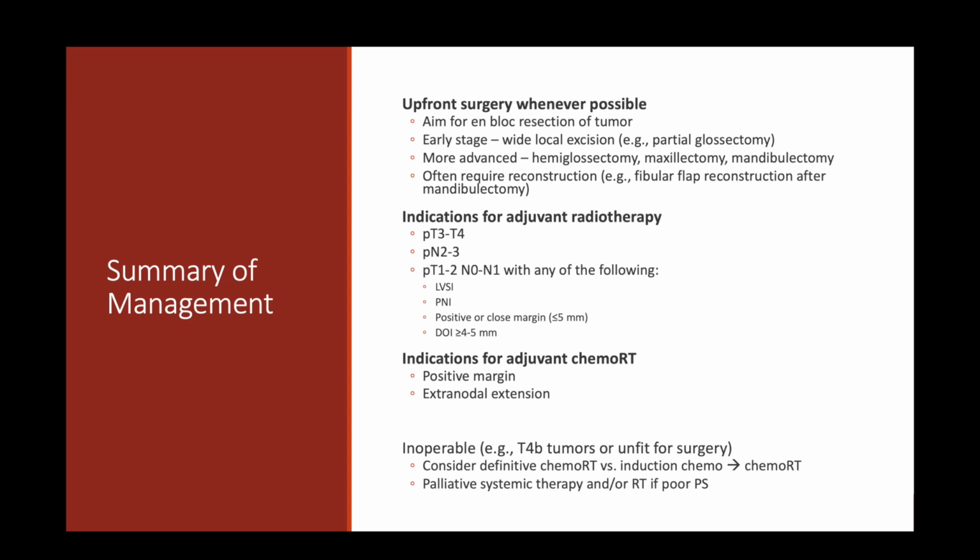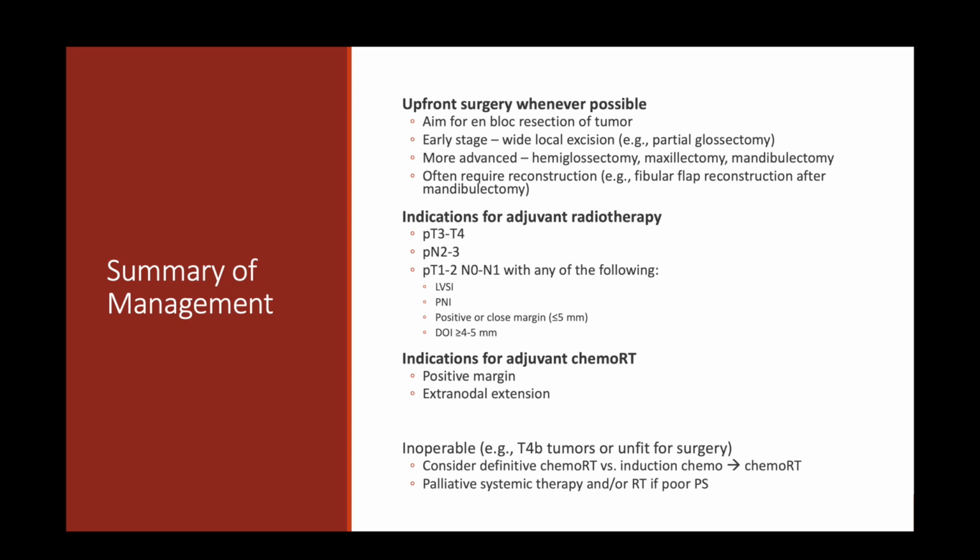I have seen tongue tumors where patients had more than even a hemiglossectomy, and the area of the tongue that was missing was replaced with tissue from their leg. So they might require skin grafts, muscle grafts, bone grafts. The reconstruction for these tumors can be very intense depending on how advanced the tumor is.